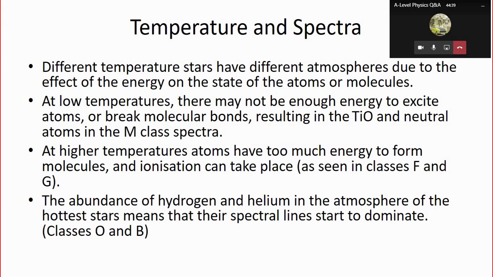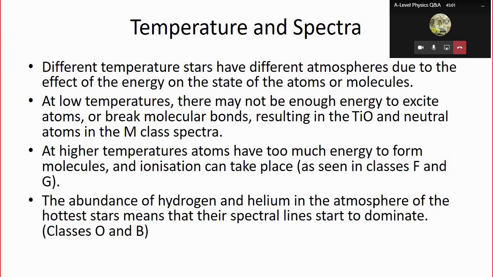If the star is very, very low temperature, then in its outer layers you might actually have molecules or just neutral atoms. So, for example, you don't have to know this, but titanium oxide will exist in the atmospheres of cold stars.